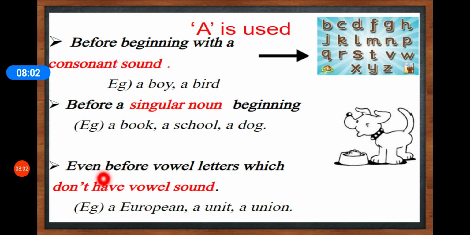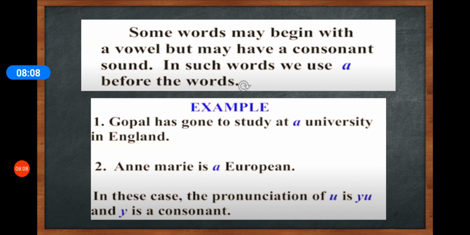So very important point, A is used even before vowel letters which don't have a vowel sound. That means some words may begin with a vowel but may have a consonant sound. In such words, we use A before the words. For example, Gopal has gone to study at a university in England.